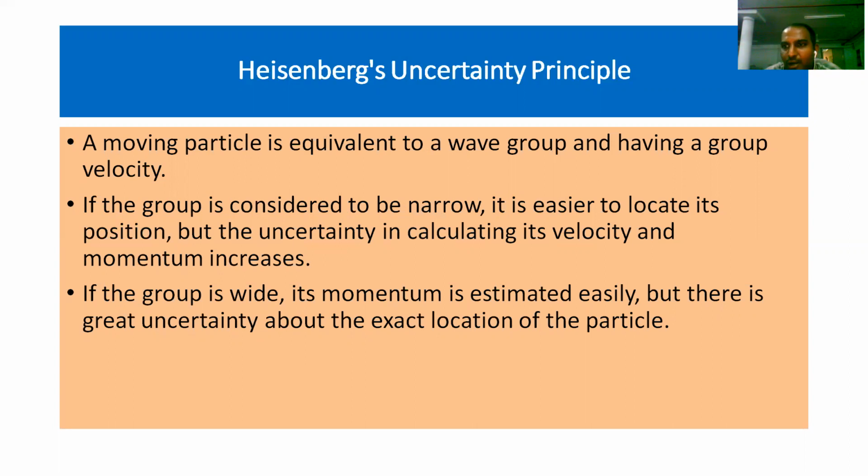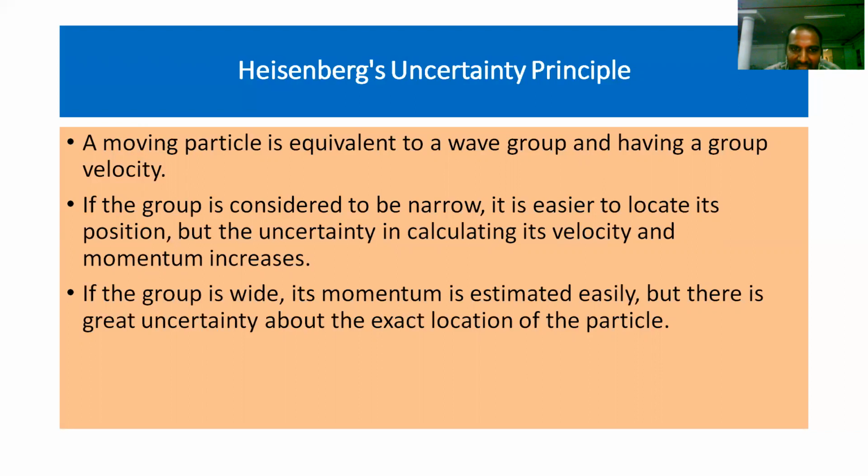That's why you can't find out the velocity of such a group or particle. If you don't know the value of velocity, you can't find out momentum. That's why, if you consider the wave packet made up of particles in the form of a small group, we can identify only the position of the particle, but not the momentum.